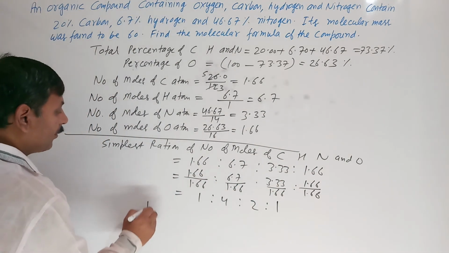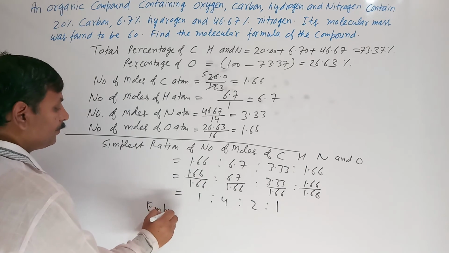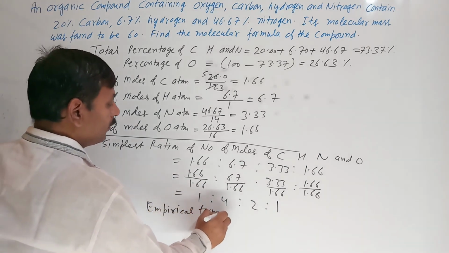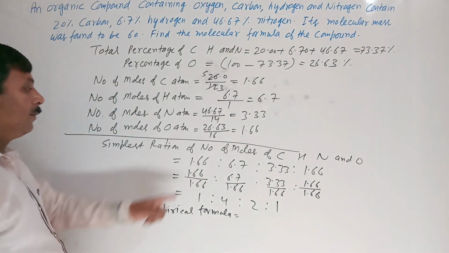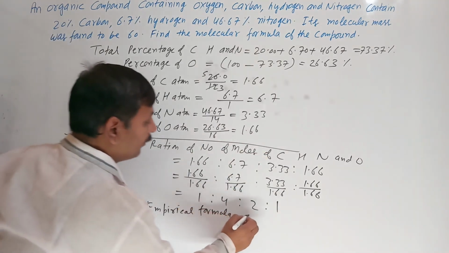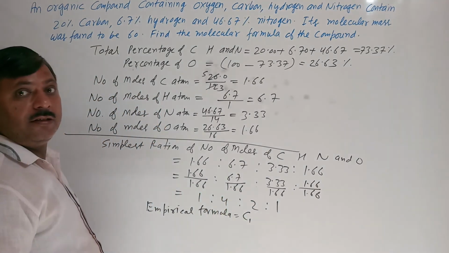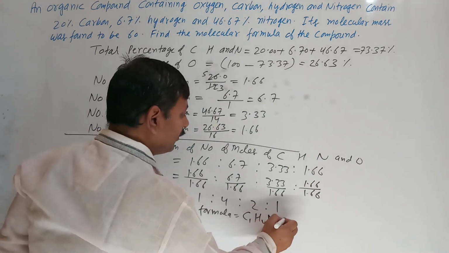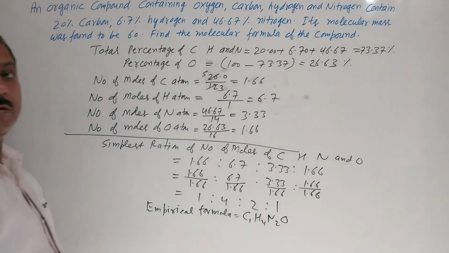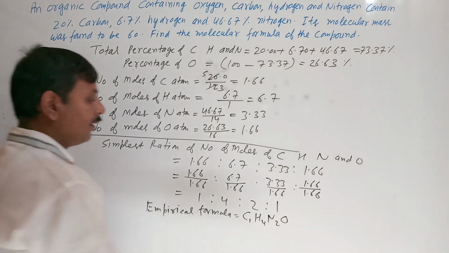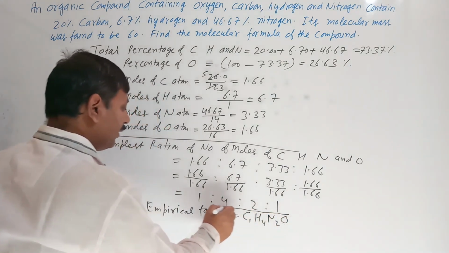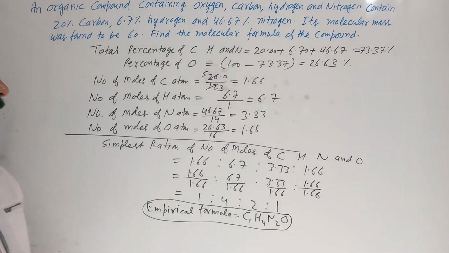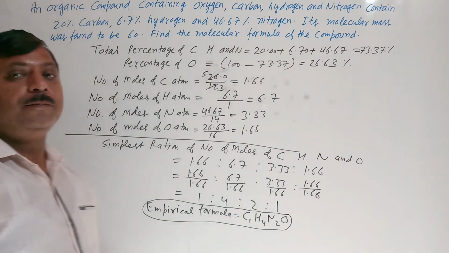What will be the empirical formula? See here, one carbon is present, hydrogen is 4, nitrogen is 2, oxygen is 1. This will be the empirical formula. Here we can see the empirical formula of that substance is C1H4N2O.